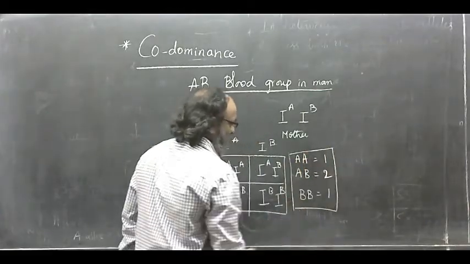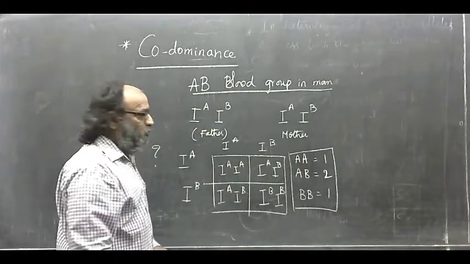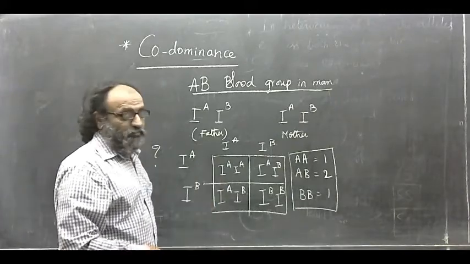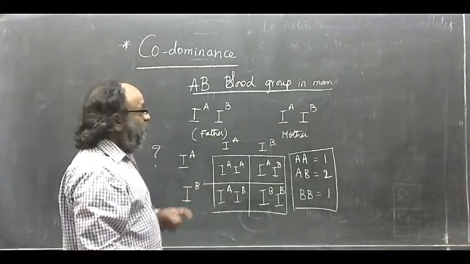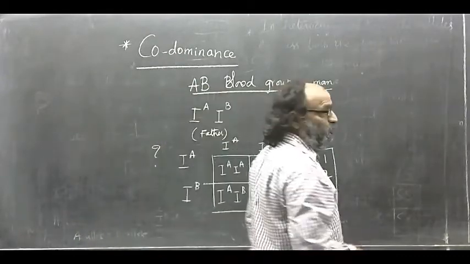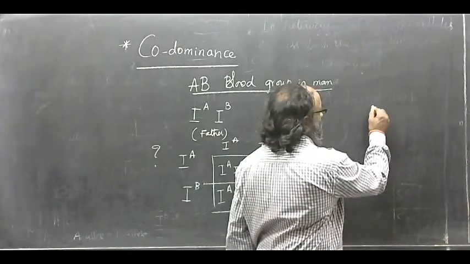Therefore, the ratio is 1:2:1, both phenotypically and genotypically. So it is an example of codominance. Let us compare this with that of spotted lentil seed versus dotted lentil seed.